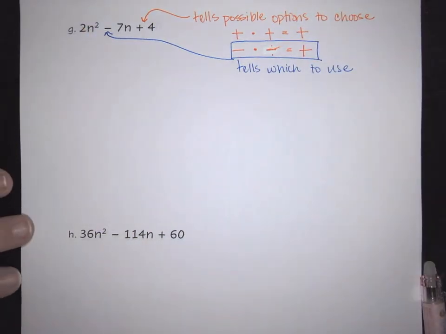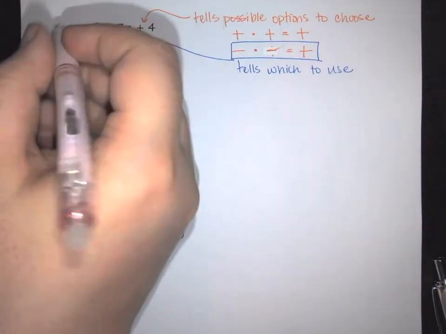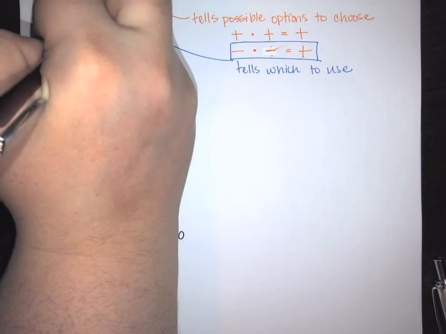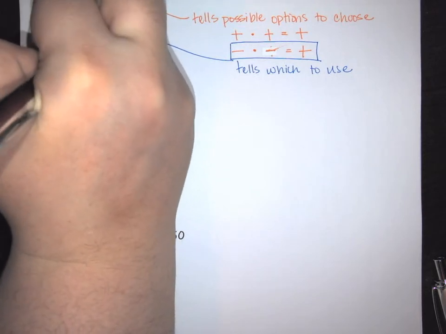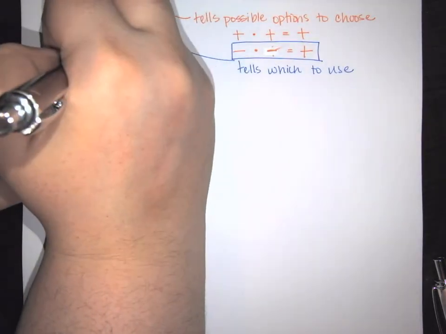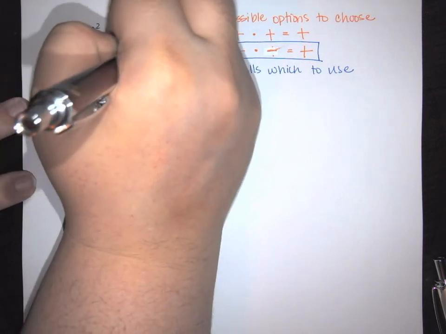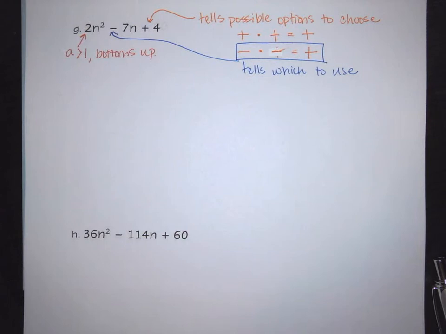So with that, I can then start. Since my first term has my a is greater than 1, we can go ahead and use that bottoms up method to make life easy.